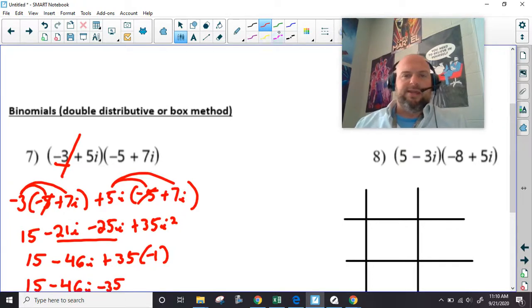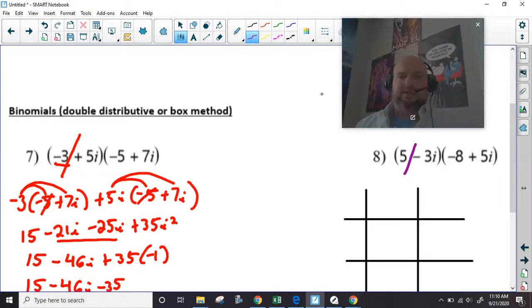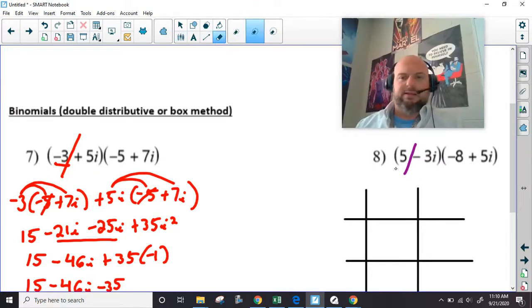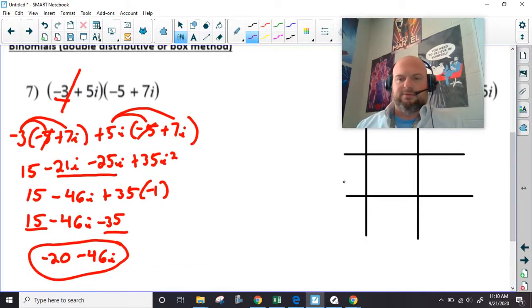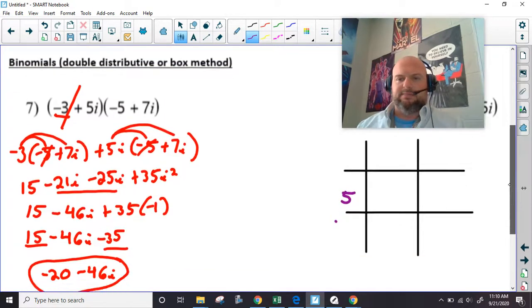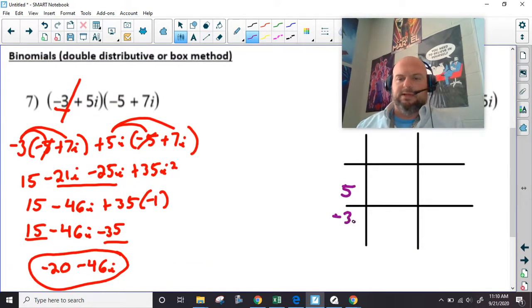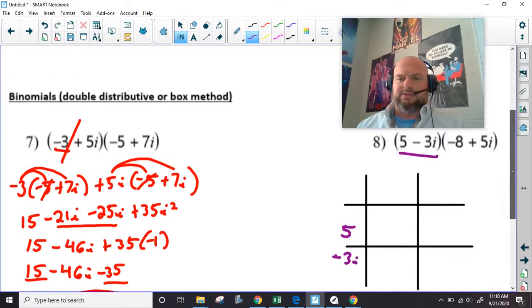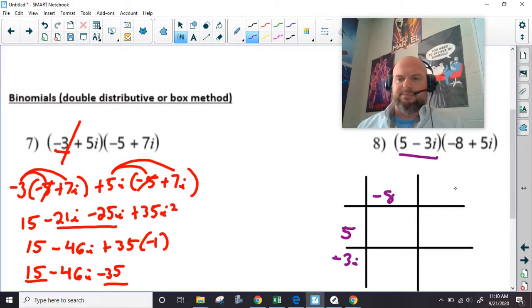All right. Number 8, we're going to do with the box method here. For some odd reason, I like taking these first 2 terms and putting them on my vertical. So 5, and then was that a minus? Yep, minus 3i. And then the last one I like putting on the horizontal.